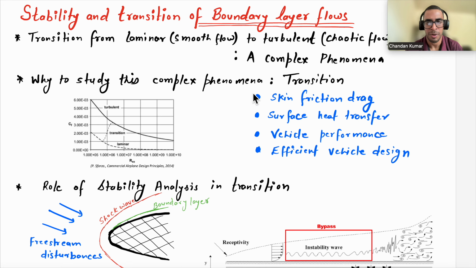So transition from laminar, which is a smooth flow, to turbulent flow, which is a chaotic flow, is a very complex phenomenon.